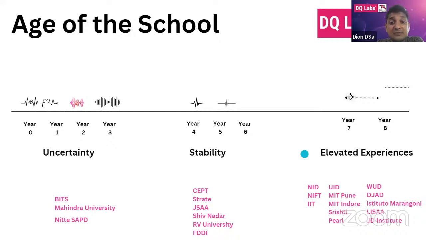There are, of course, some schools that have reached year 4, 5, 6, and then gone back to uncertainty, because they've had significant teams leaving, and they go back in time till they again reach that point of stability. So even though they're in year 7 or 8, they're not stable. Those are the schools I've kept off this list, because till I have confidence of their stability, I'm not going to put them back here.